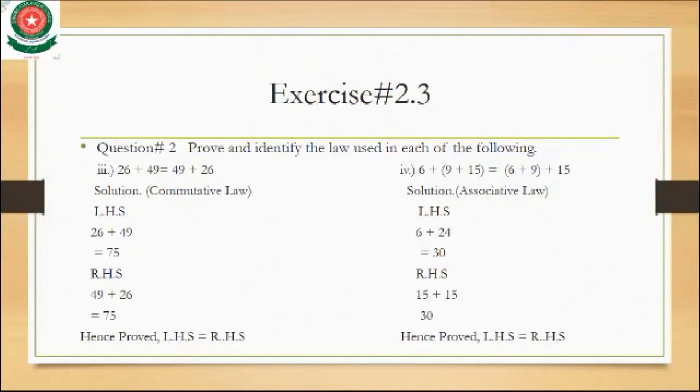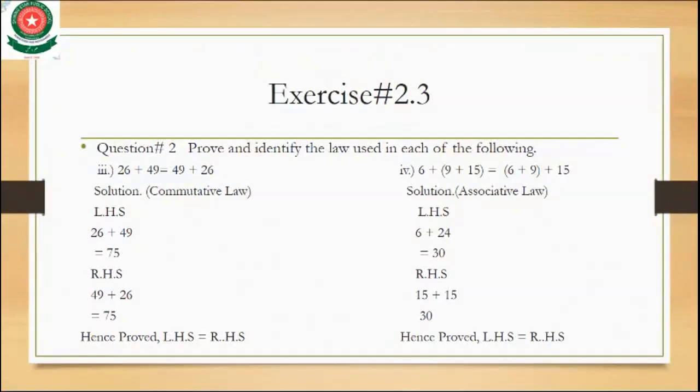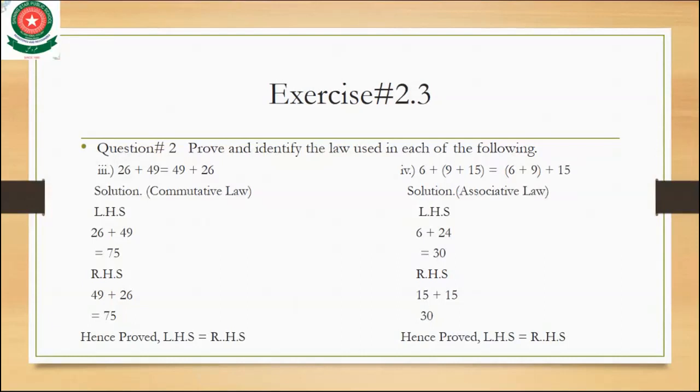When you add 49 plus 26, the answer is 75. So the left hand side answer is 75, and the right hand side answer is also 75. So it is proved that left hand side is equal to right hand side. Understand, class? That was part number 3.